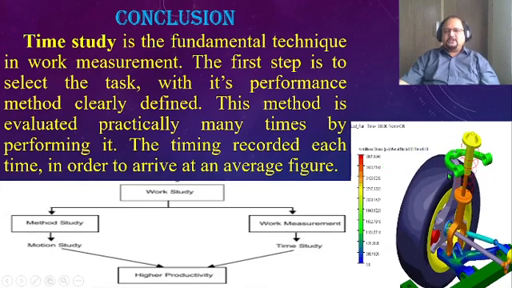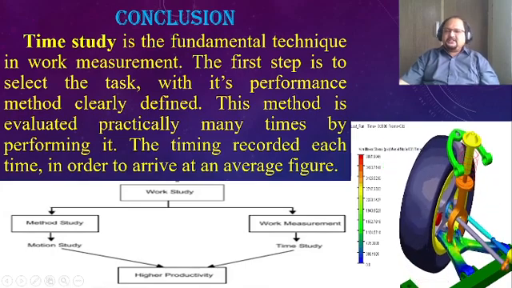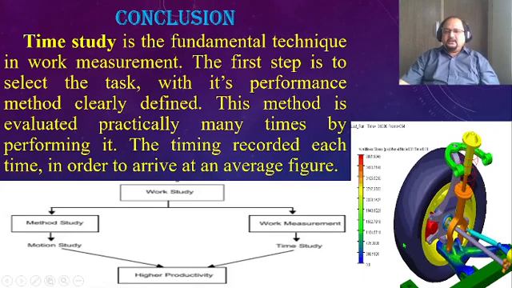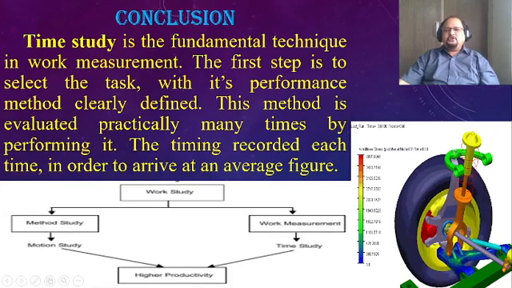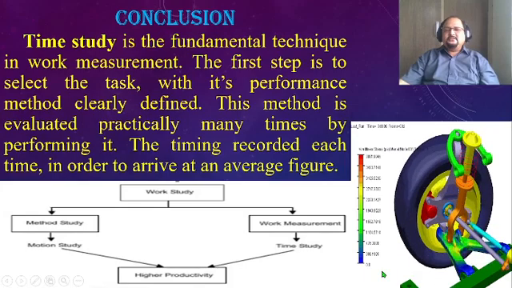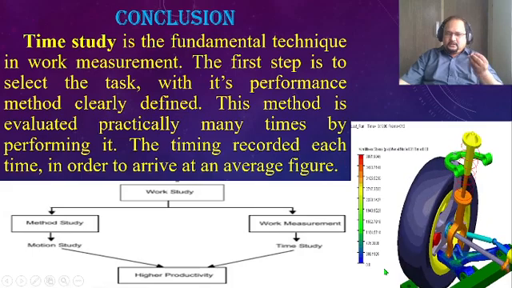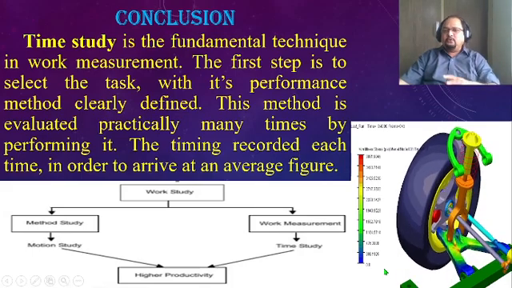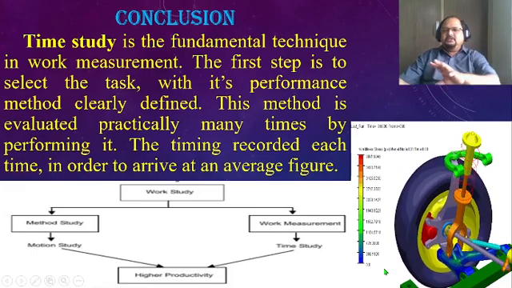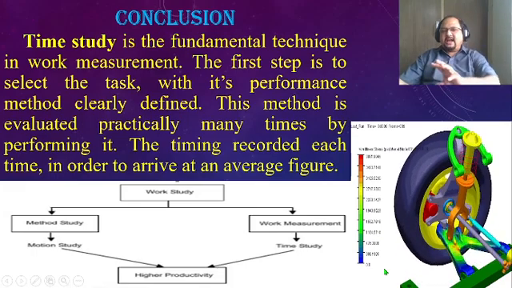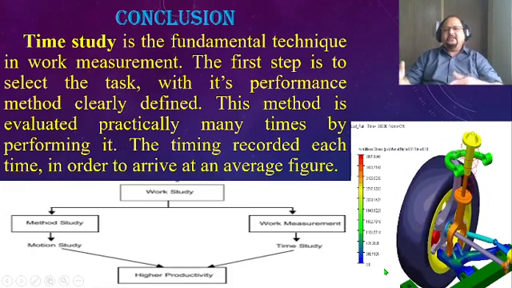It is moving up and down, left and right, and it is taking some time. However, the image which you see here is for a tire, which is not manual work.